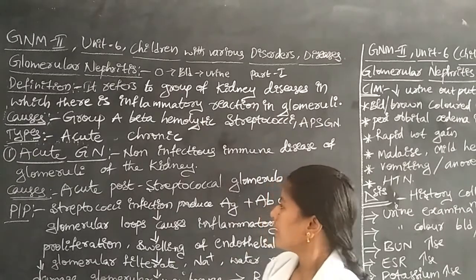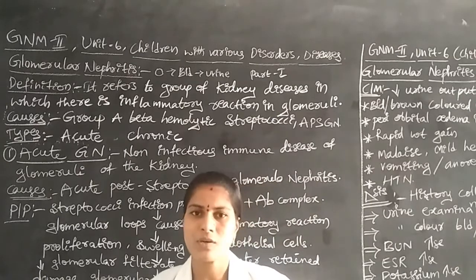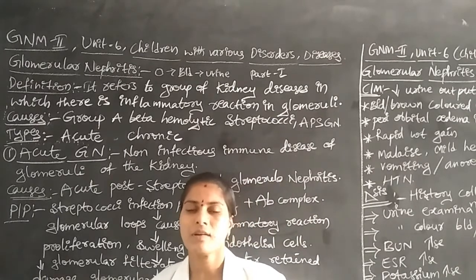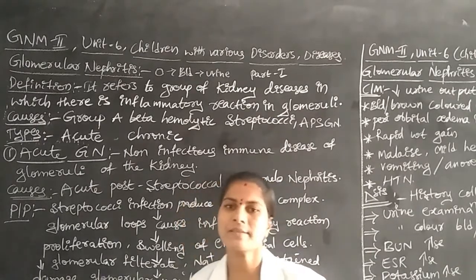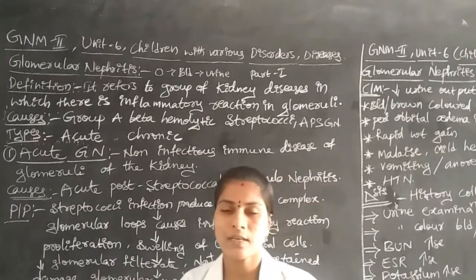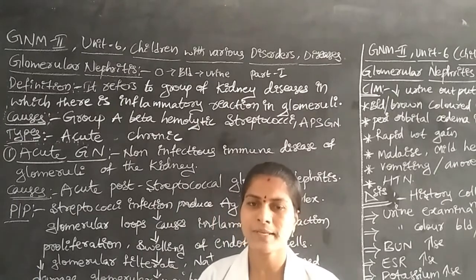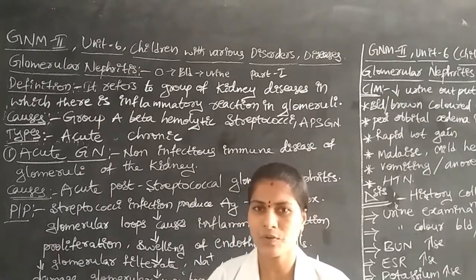Next, pathophysiology: how does the infection cause disease, and what is the process? First of all, due to etiological factors, glomerulonephritis is mainly caused by the microorganism Streptococcus.